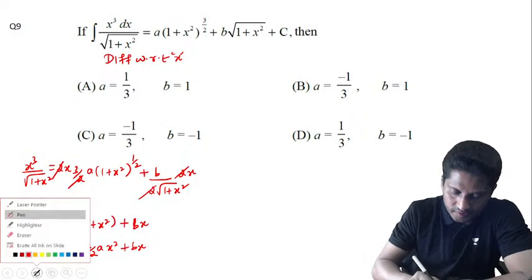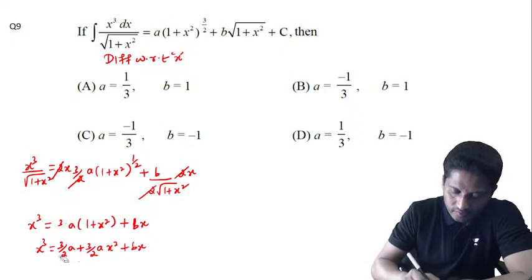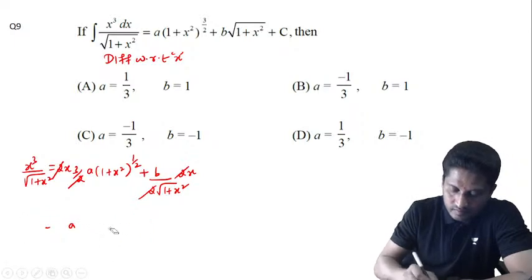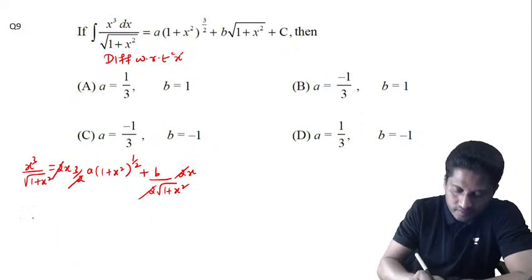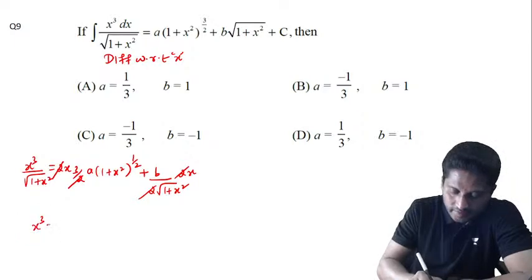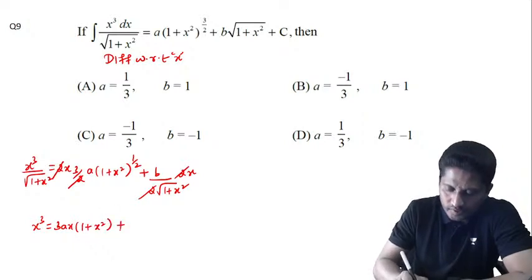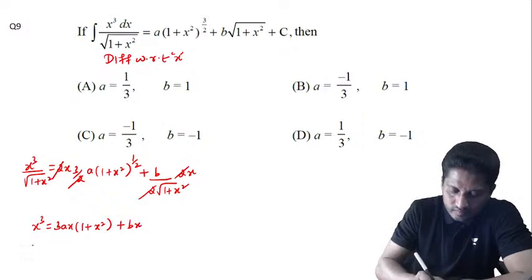Okay, now if I cross multiply, this fellow will cancel. Okay, if I cross multiply, x cube is equal to 3a into x into 1 plus x square plus this is bx. X cube is equal to 3ax plus 3ax cube plus bx.